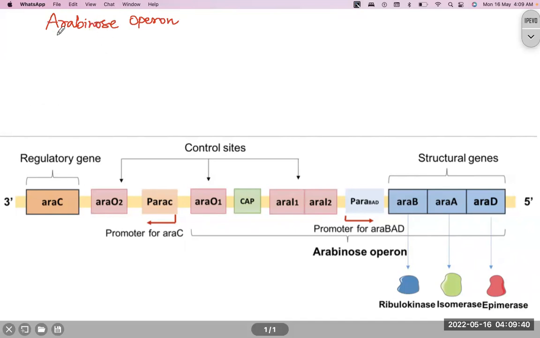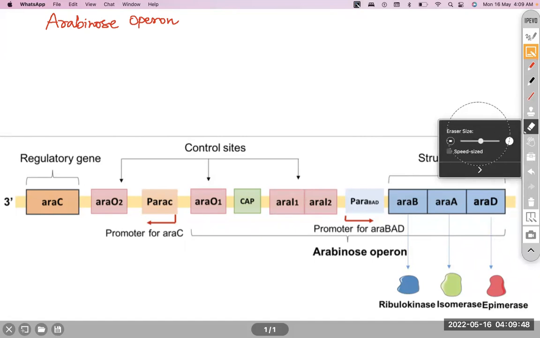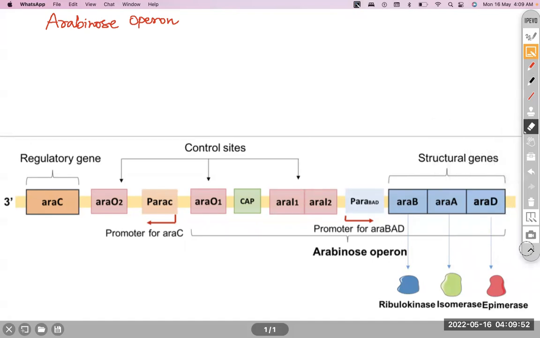What is arabinose? It is a carbohydrate. More precisely, you should write it in the levorotatory form. So you should write L-Arabinose Operon.